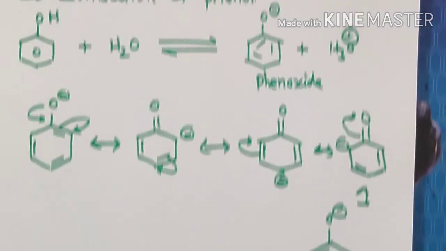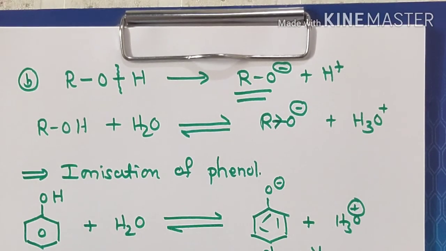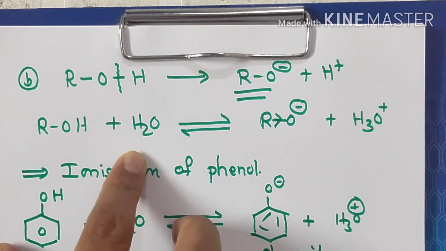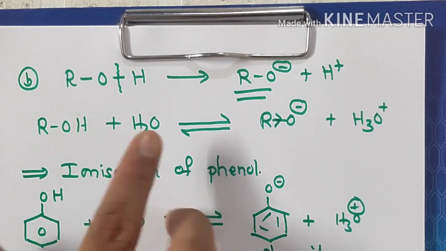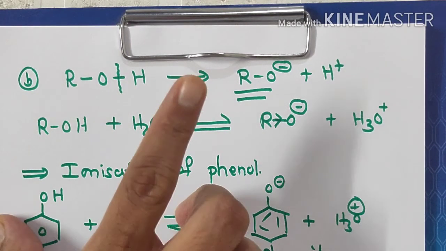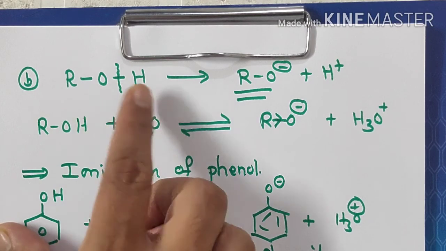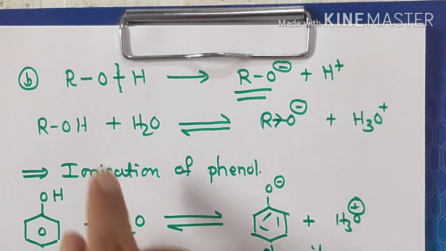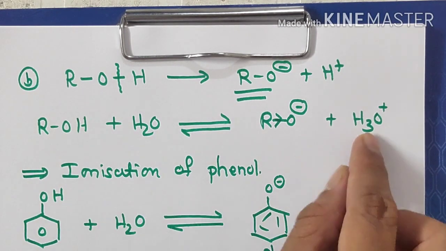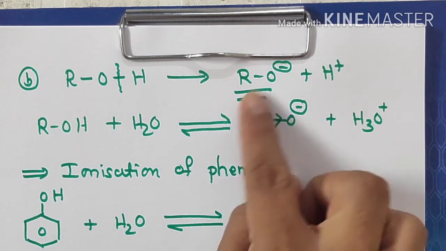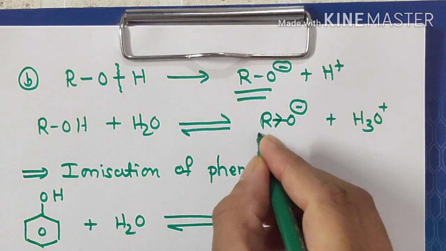After that we did the reaction of alcohol with water. And mind you, this is a reaction where the H of alcohol is removed. So this H combines with water to form hydronium ion and alkoxide ion. This alkoxide ion which is formed is unstable.